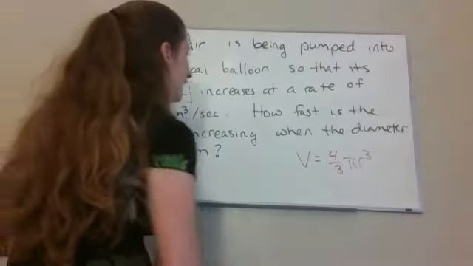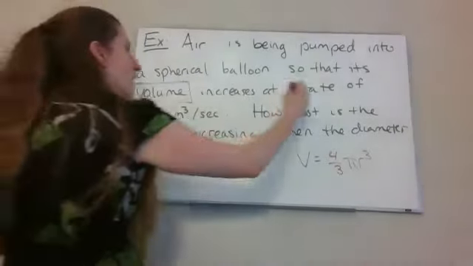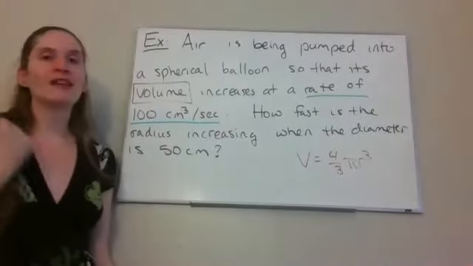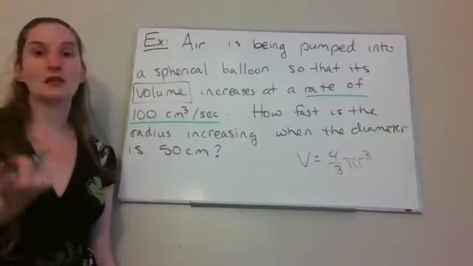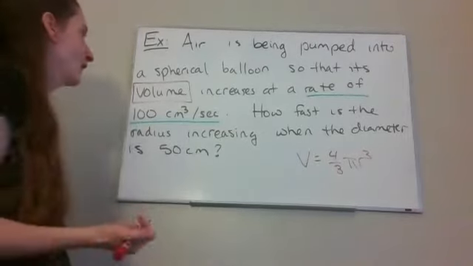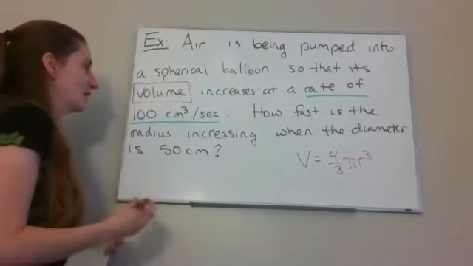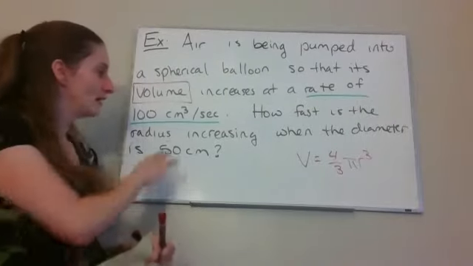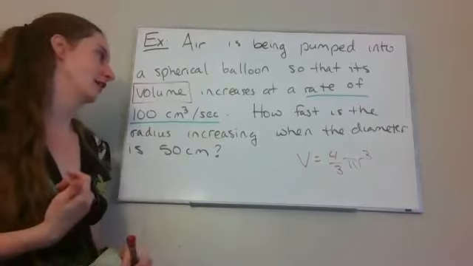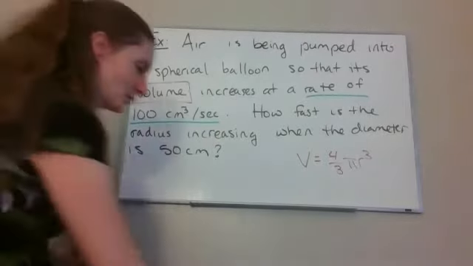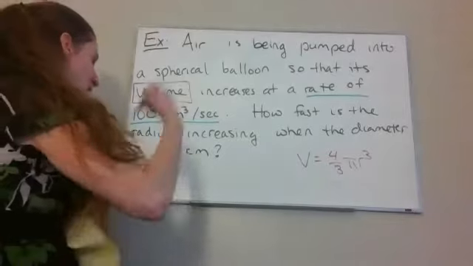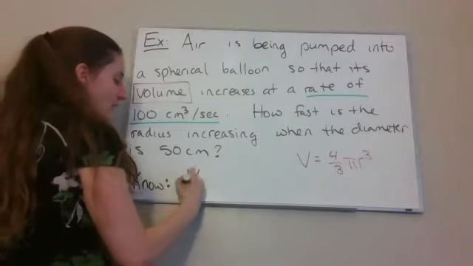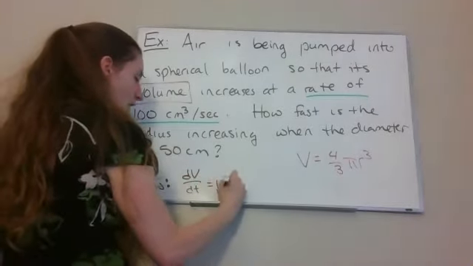Now, what is this rate of 100 cubic centimeters per second? Well, when you see a rate, that is referring to a derivative with respect to time. So this is dV/dt. It is 100 cubic centimeters per second. The thing we're trying to find is how fast the radius is increasing when our diameter is 50. So I'm just going to write down some things that we know. We know that dV/dt is 100.